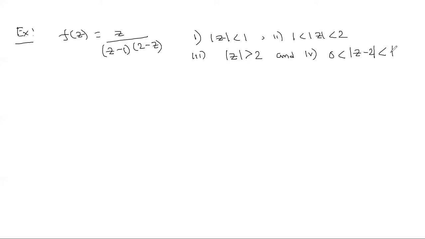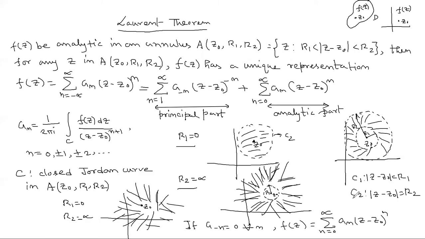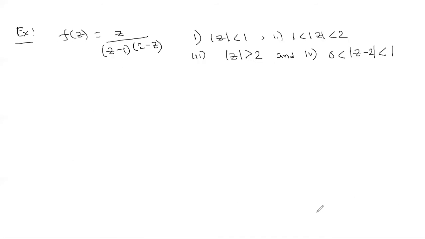Now you see here, this is the Laurent expansion, but every time we write a Laurent expansion, we are not going to use the expression for the coefficients. Rather, we'll manipulate using some known geometric series, or some other standard expansions, to get the Laurent expansion, as we have done in the Taylor series expansion.